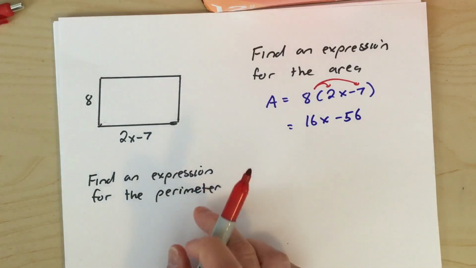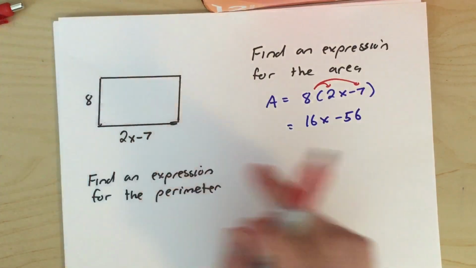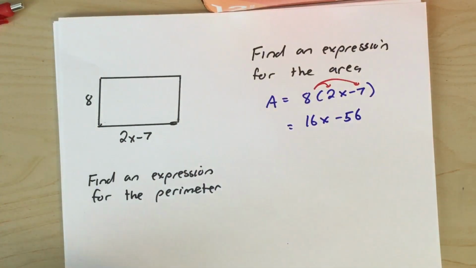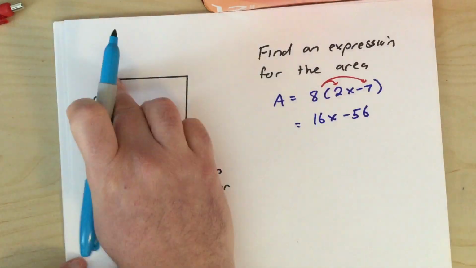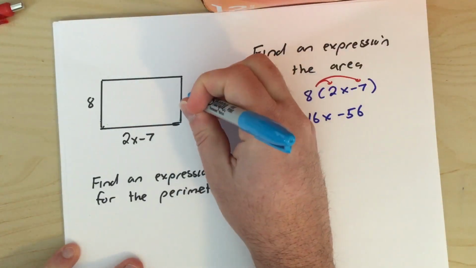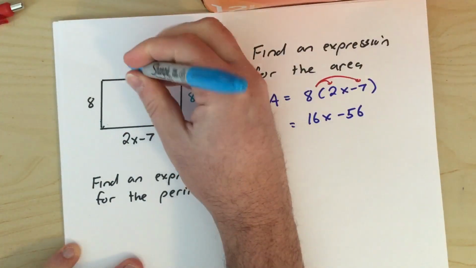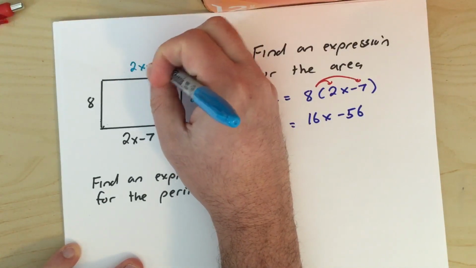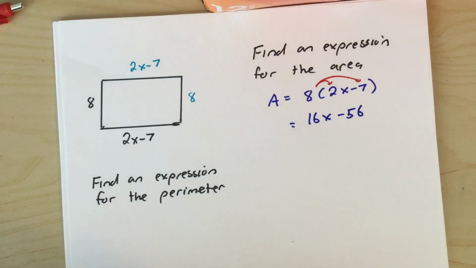Exciting. For an expression of the perimeter, we have to add up all four sides. The thing is, we don't know the length of the other two sides. Except we do, of course, because if this is 8, then this is also 8. And if this is 2x minus 7, then this is also 2x minus 7. The perimeter is adding up all the sides.